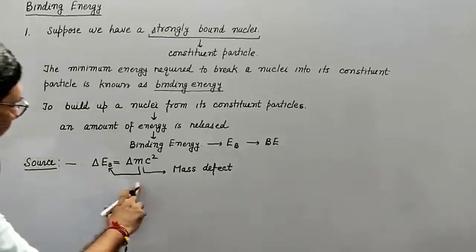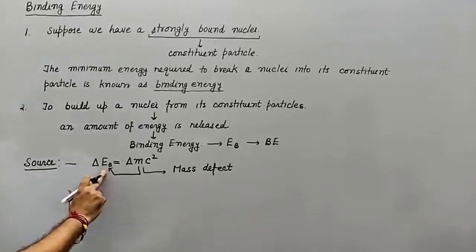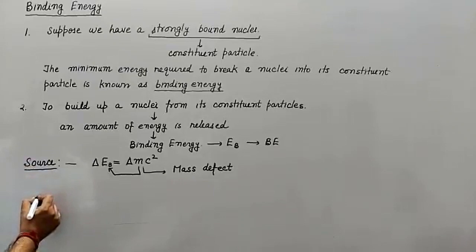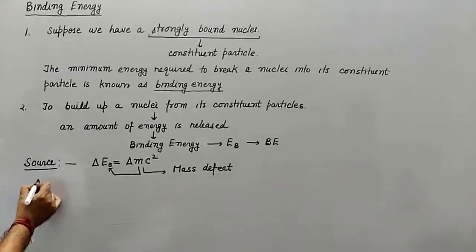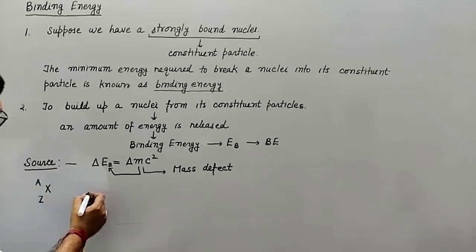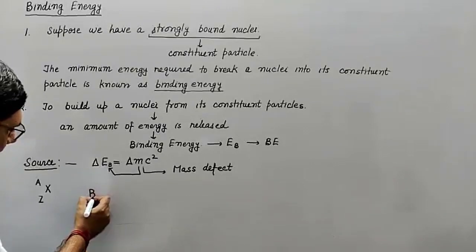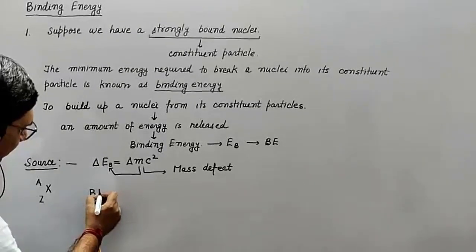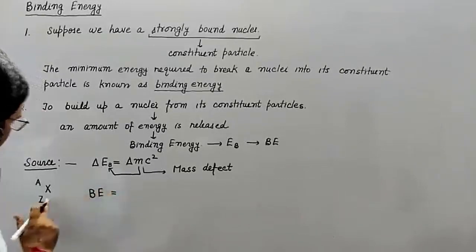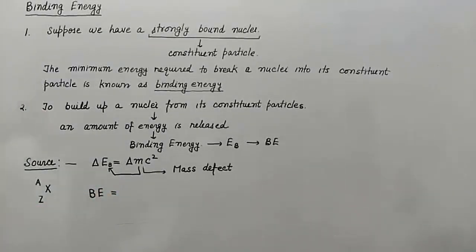How can we write down the formula of binding energy? Suppose we are forming a nuclei given by ZXA. What will be the binding energy of this nuclei?